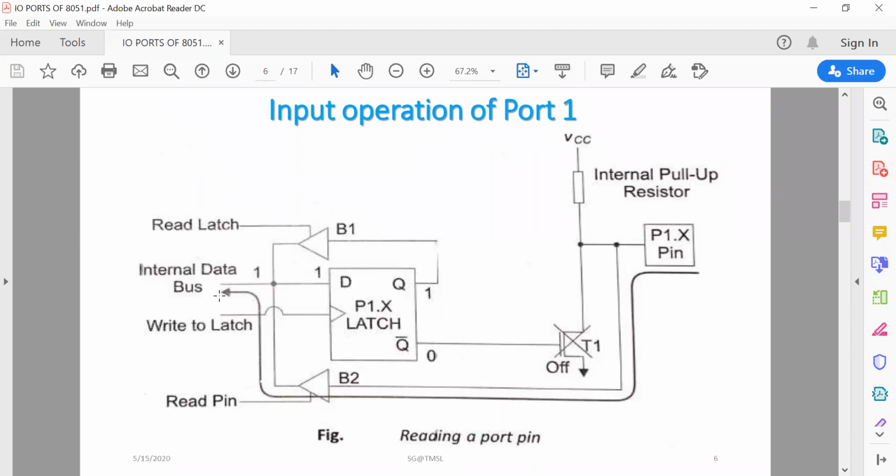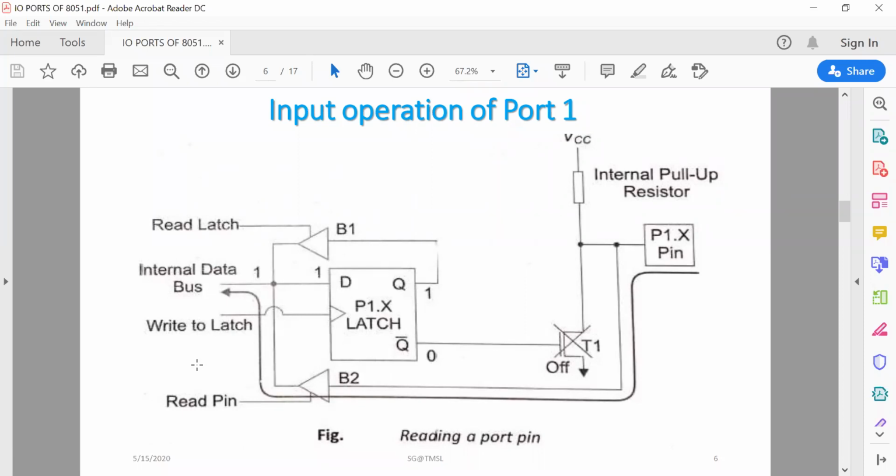Now, all the port pins are configured as inputs after reset in the 8051 microcontroller. Why? Because the 8051 writes 1 to all port latches after reset. So when we give the reset signal, 1 is automatically written to the latches, and it works as an input.